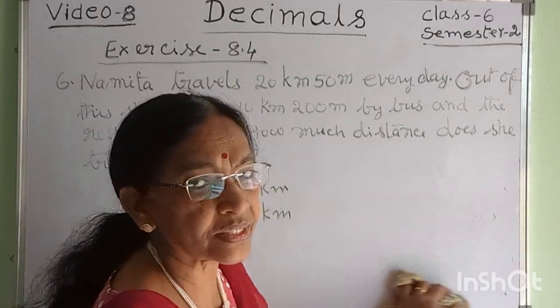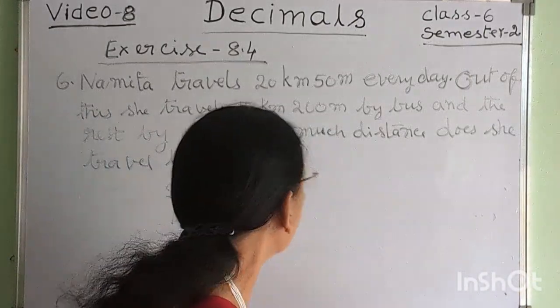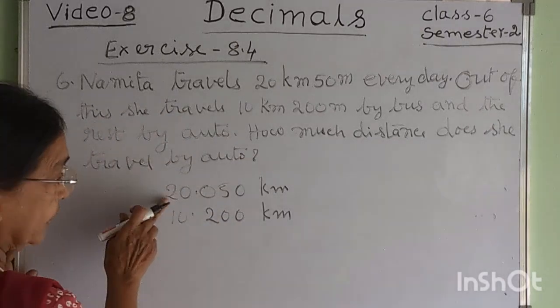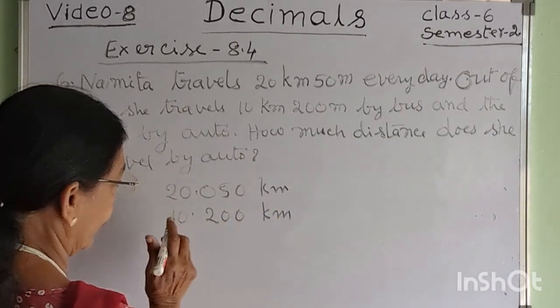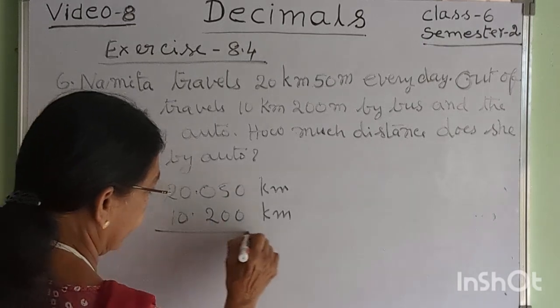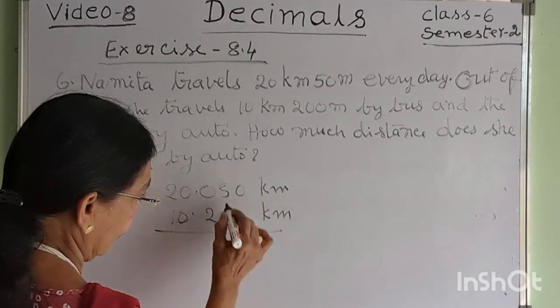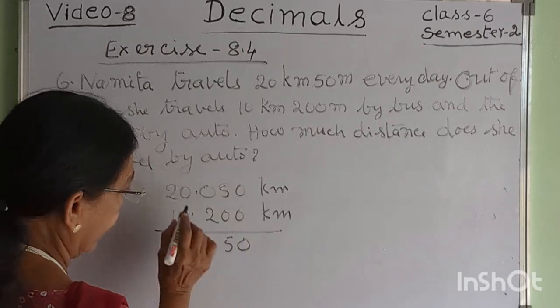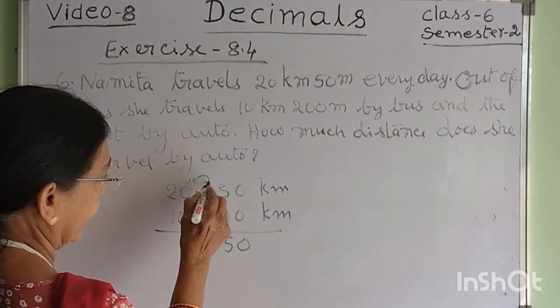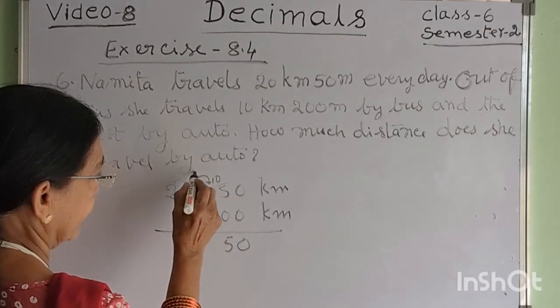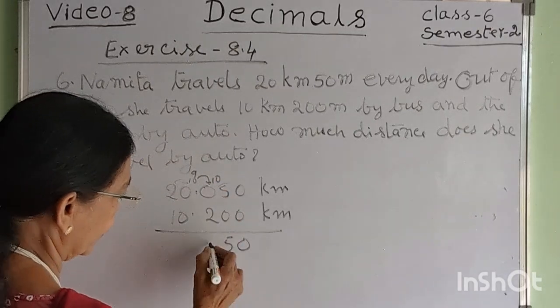Therefore, distance travelled by her by auto is equal to 20.050 kilometer minus 10.200 kilometers. So subtracting, 0 minus 0, 0; 5 minus 0, 5. Here we will bring 1 from here, 10, and again 1 from here, it becomes 10, it becomes 9, 10 minus 2, 8.